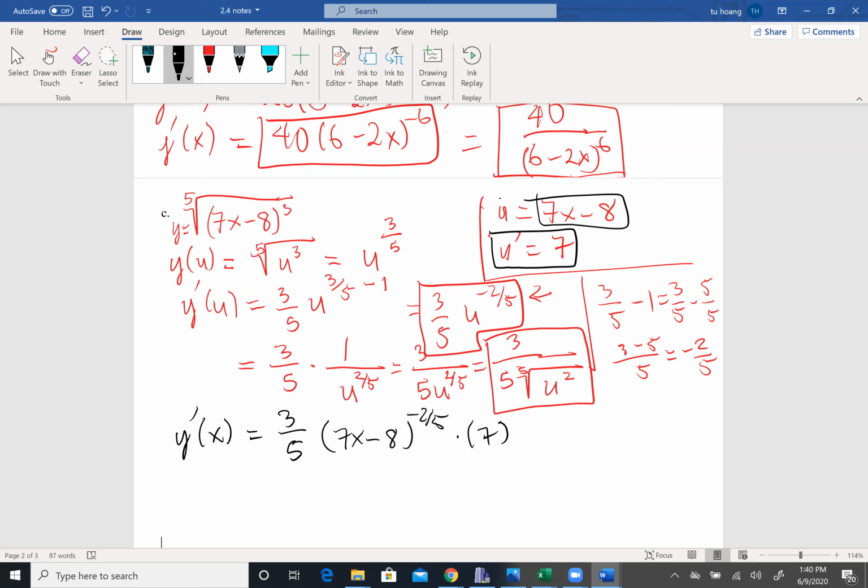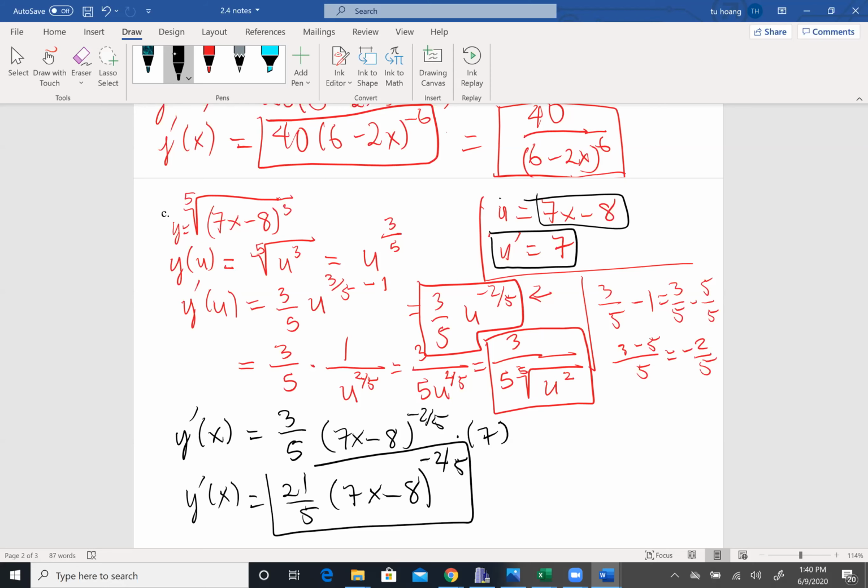And now it's time to simplify. I guess y prime of x will be equal to 21 over 5 times (7x minus 8) to the power negative 2 over 5. And I would like to stop here, even though the power is negative and a fraction, I just want to stop here.